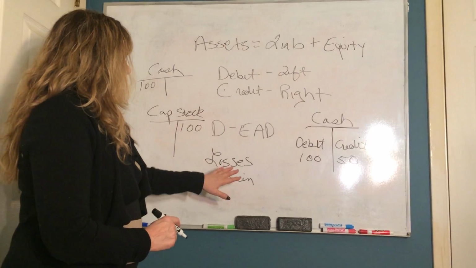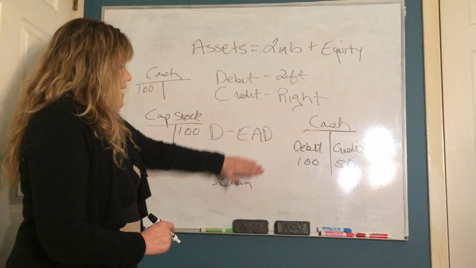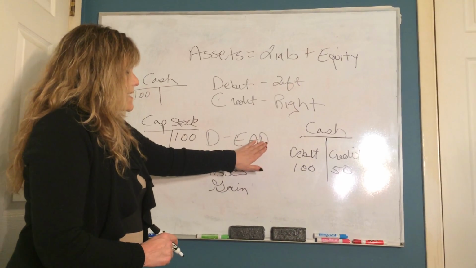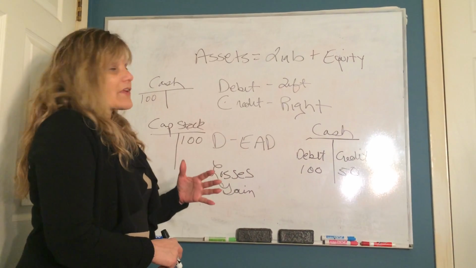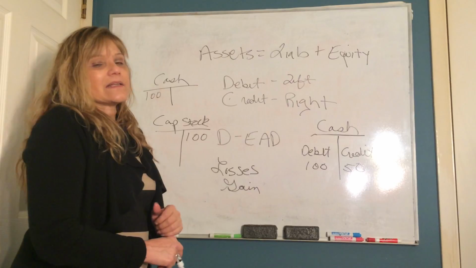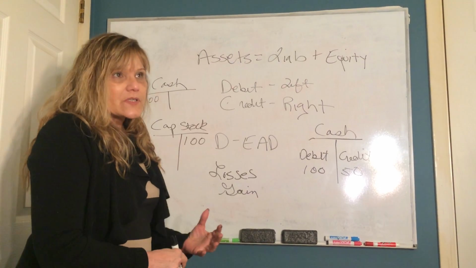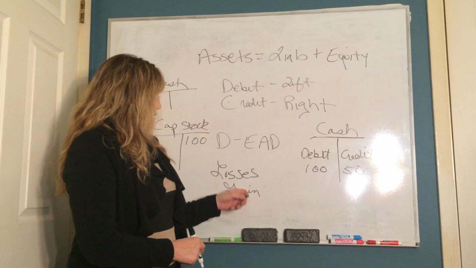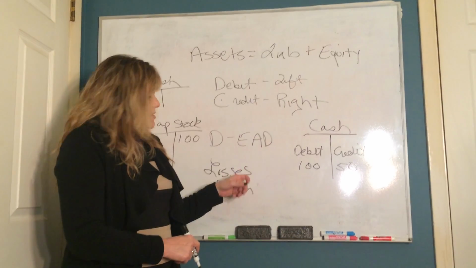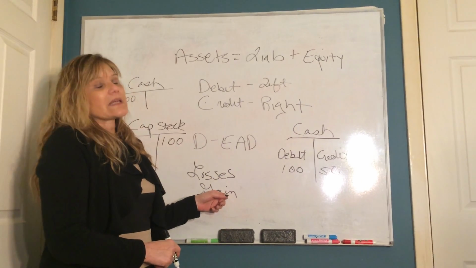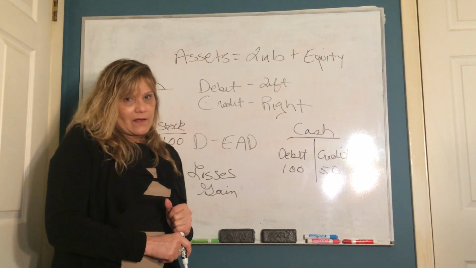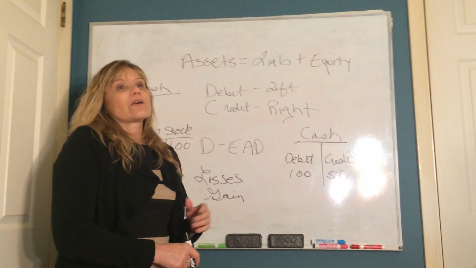So again, if you look at DEAD, expenses, assets, and dividends are all increasing with debits, decreasing with credits. Everything else, we're not talking about losses and gains, everything else will increase with the credit, decrease with the debit. Losses, which we talk about much later, increase with debits, decrease with credits. Gains increase with the credit, decrease with the debit. So next I'm going to go through all our journal entries.